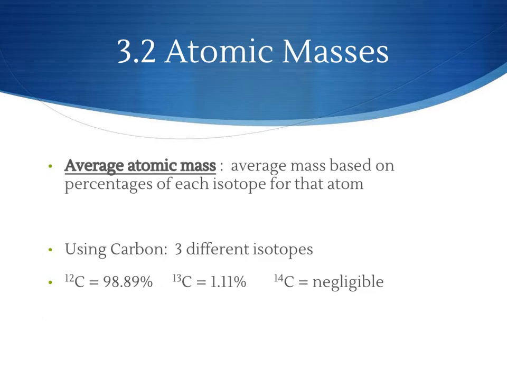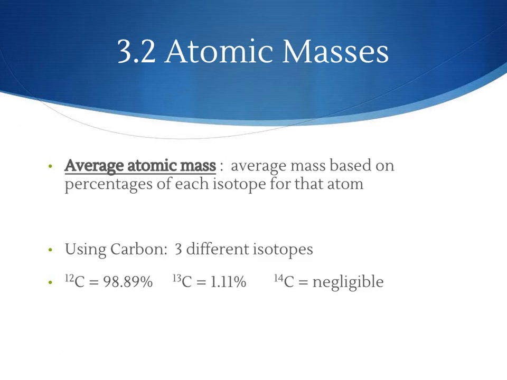Now, average atomic mass is based on the percentage of each isotope for that atom. So here on this screen I have 3 types of carbon: carbon 12, carbon 13, and carbon 14. Carbon 14 is radioactive and is used in carbon dating, but it's negligible when we look at the percentages.